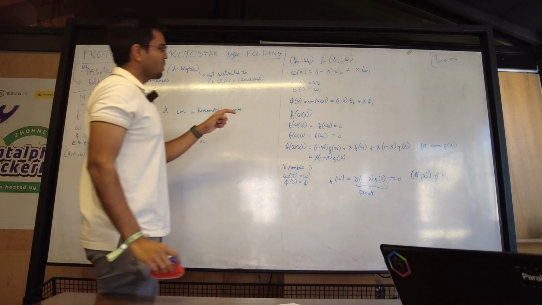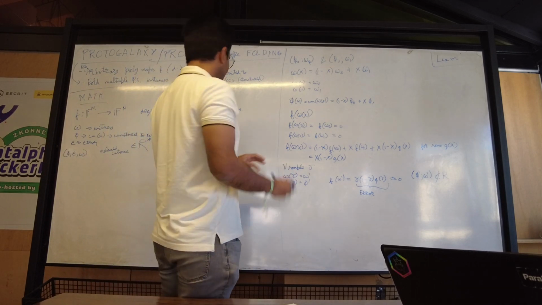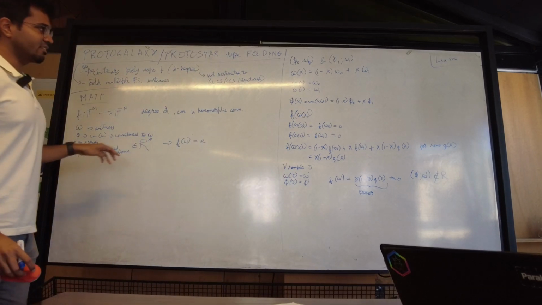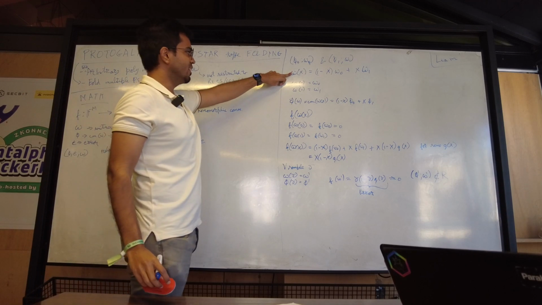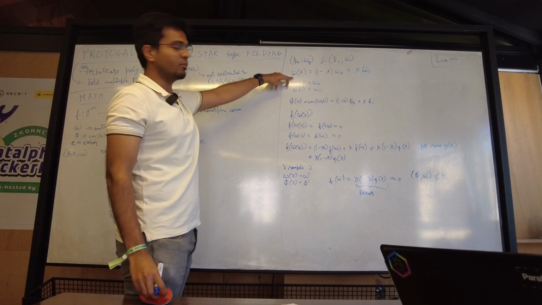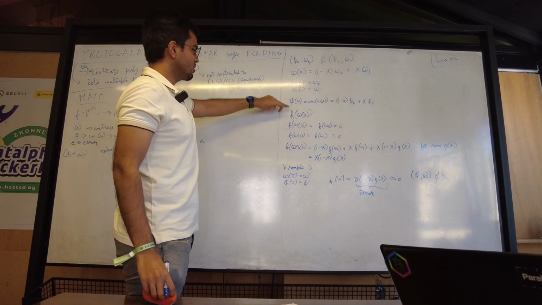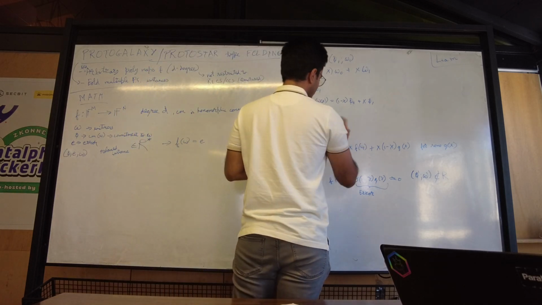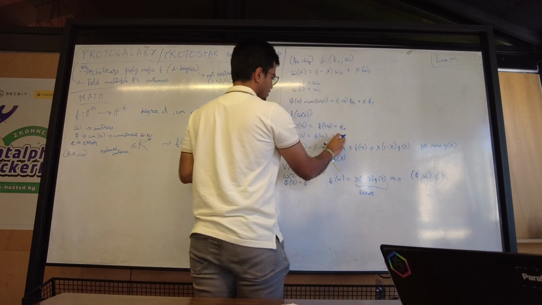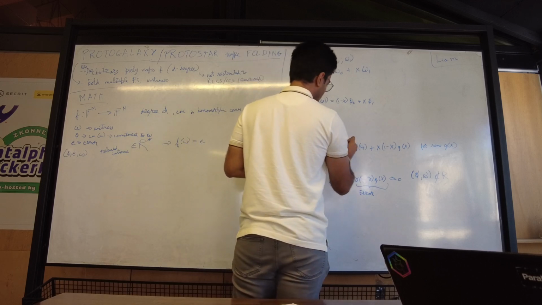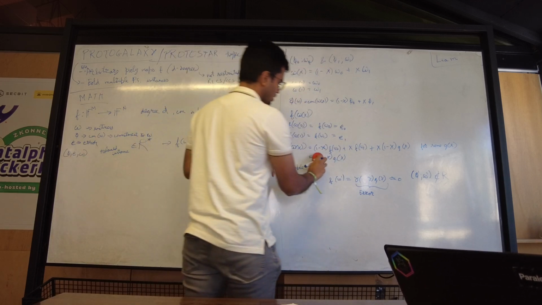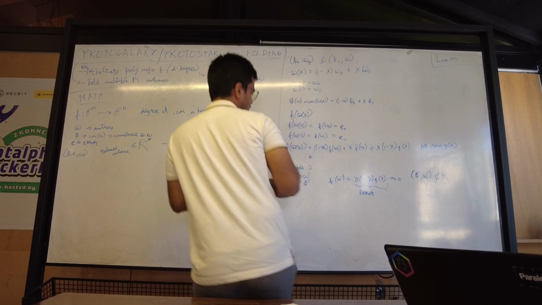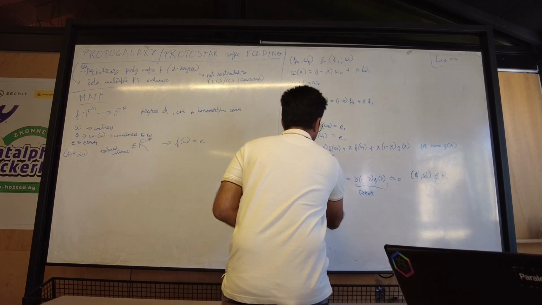Okay, so now what changes? How do we fold this relaxed instance now? This equation remains the same. This is how you will fold the witness. This remains the same. This remains the same. For this, now this would be equal to E naught. This will be equal to E1.